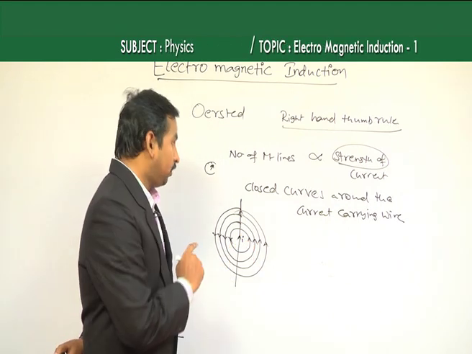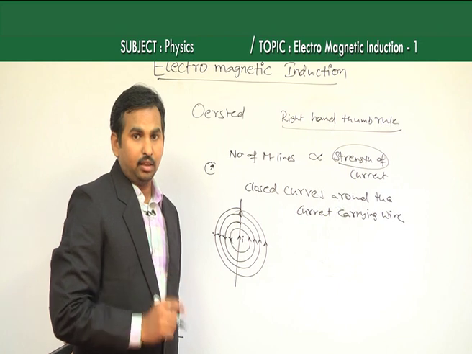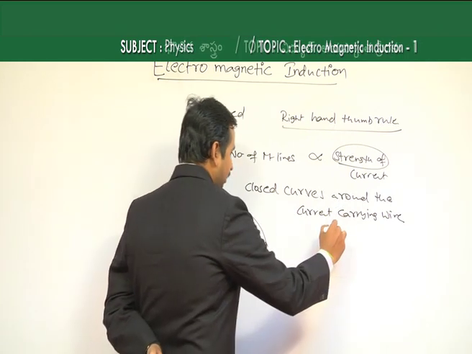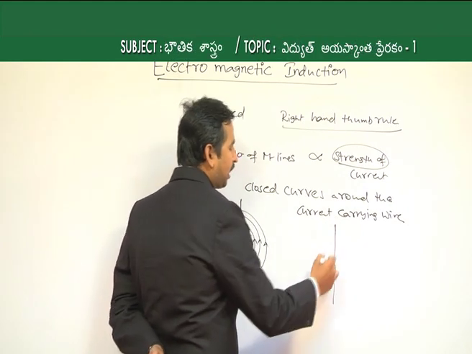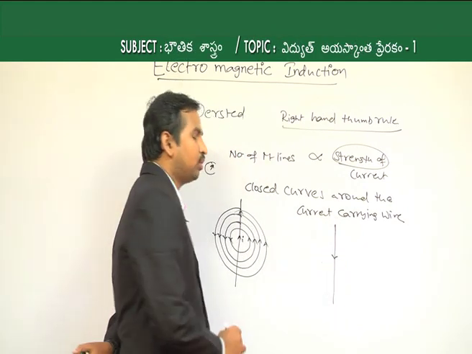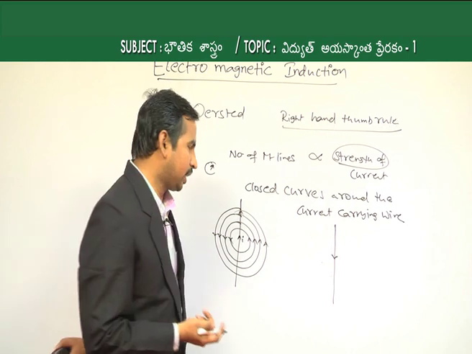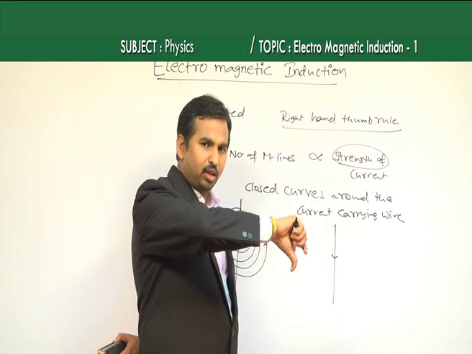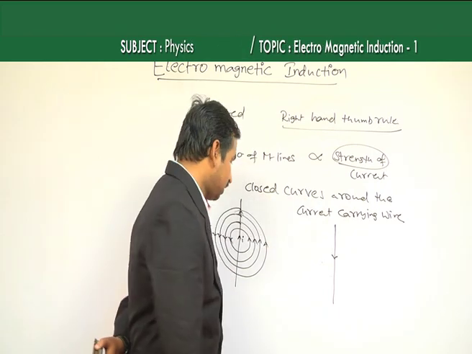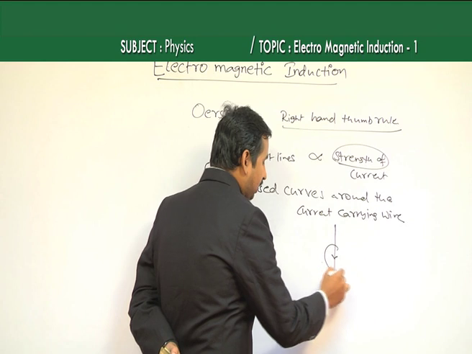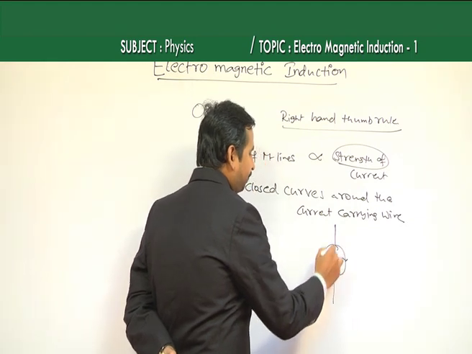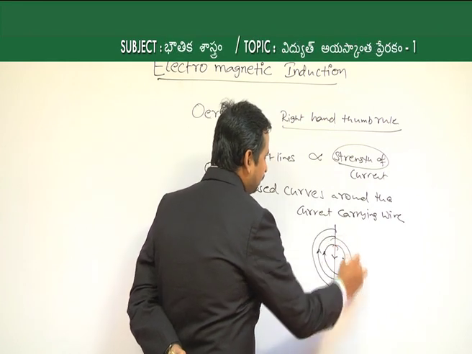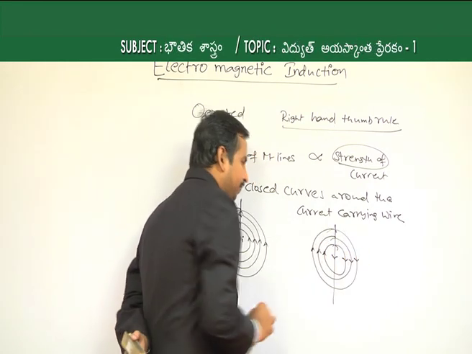Okay. Now, if you reverse the direction of current, these magnetic lines of forces also change their direction. If you take the same current carrying wire taken downwards, then the current is going into the plane, and the curling fingers come in the opposite direction, which is clockwise.